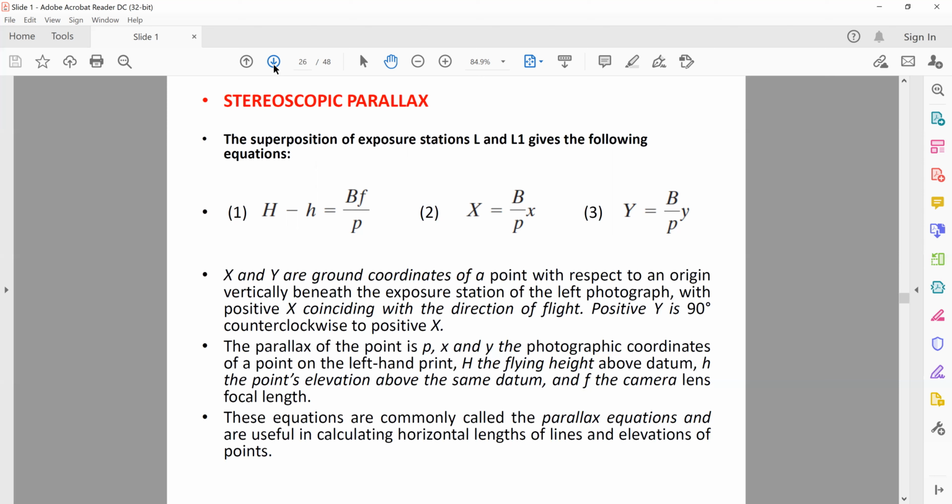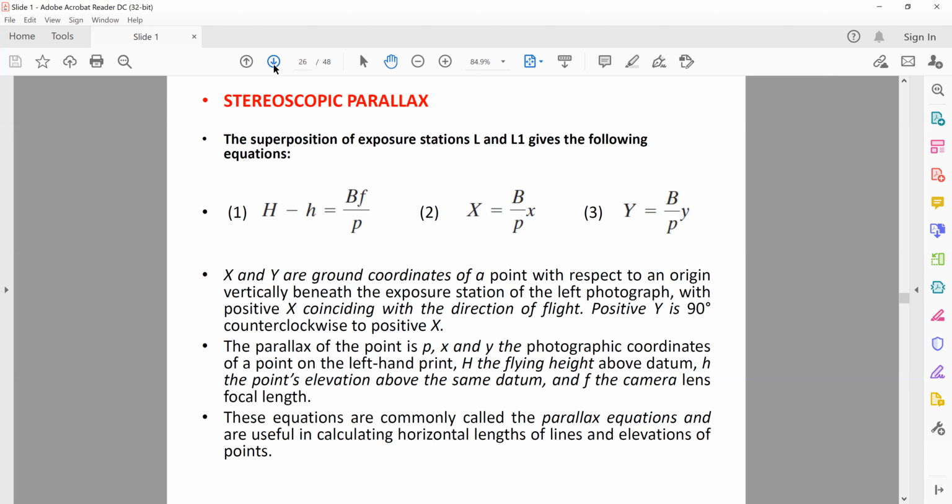The second equation gives you the actual ground coordinate, capital X, for the object. In the equation you have B, the airbase, divided by the parallax of the point, multiplied by the x coordinate, so the coordinate on the first picture. Similarly you can calculate the y coordinate.